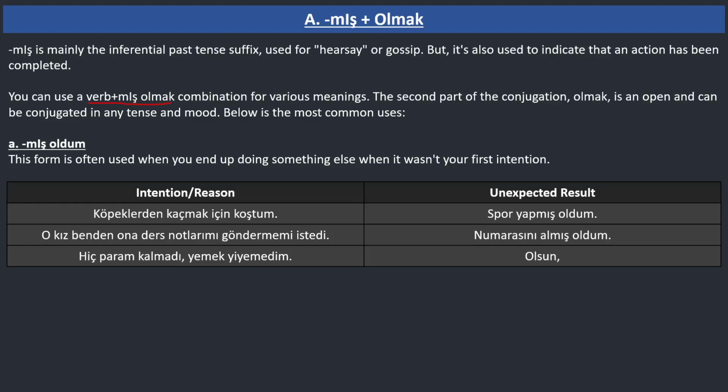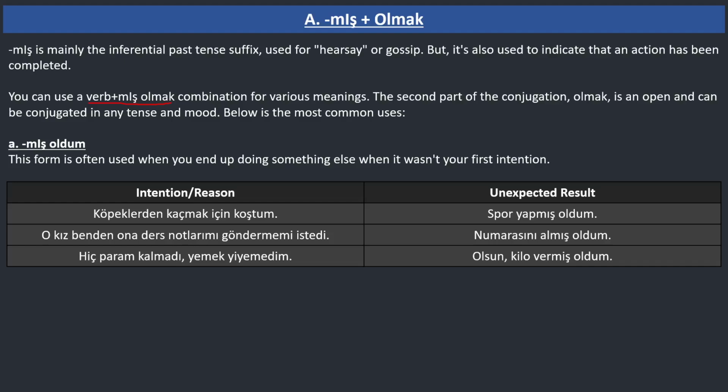Olsun. Like, okay, that's okay. Kilo vermiş oldum. I ended up losing weight. From this bad thing, as a side result, I ended up with this. Okay? I hope you guys are getting the meaning behind this.